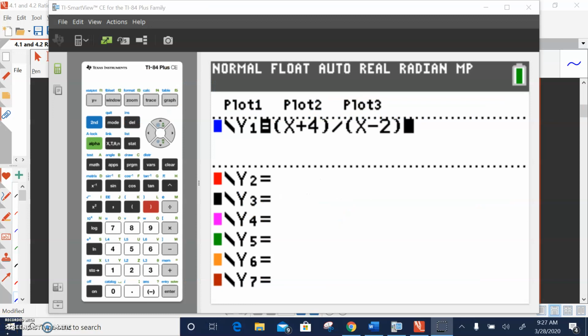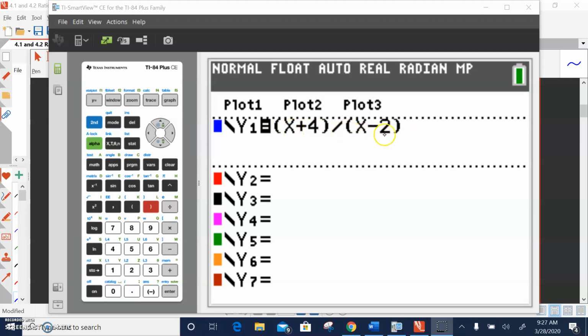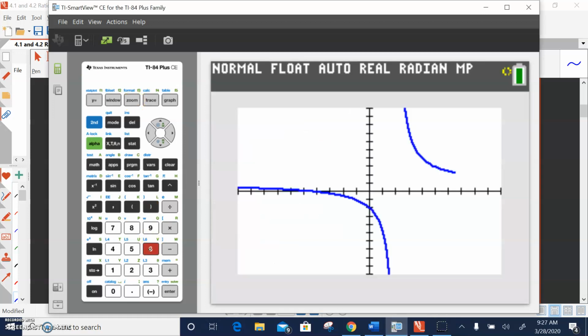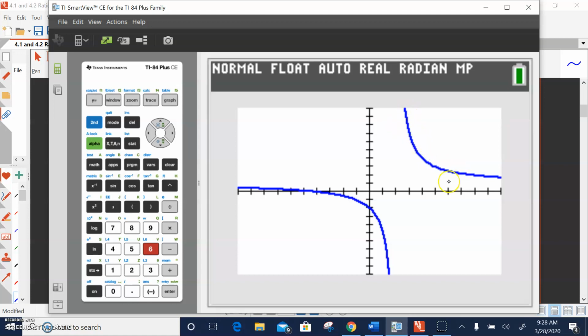When you type this in your calculator, you have to make sure to put the numerator in parentheses as well as the denominator. So I've typed in x plus 4 divided by x minus 2. Let me go to Zoom 6 and take a look at that interesting graph. Notice that my graph is approaching.